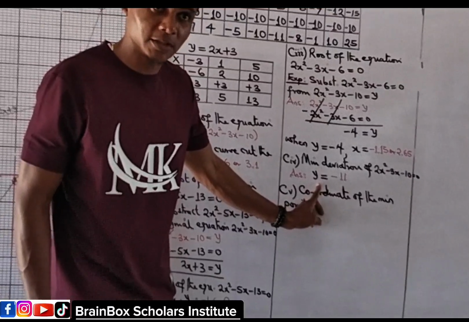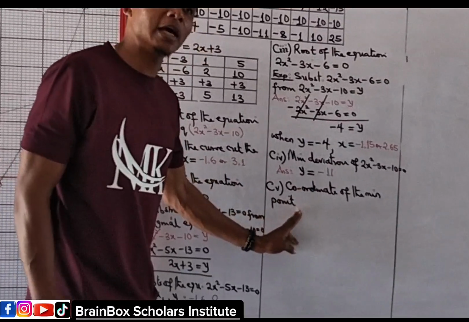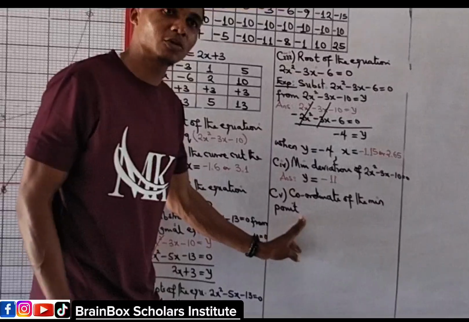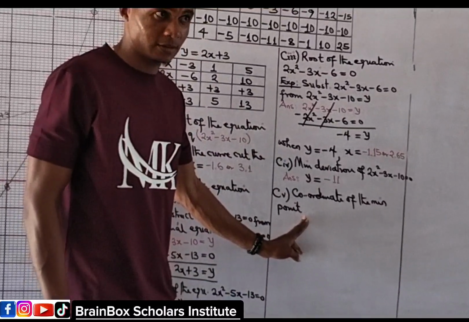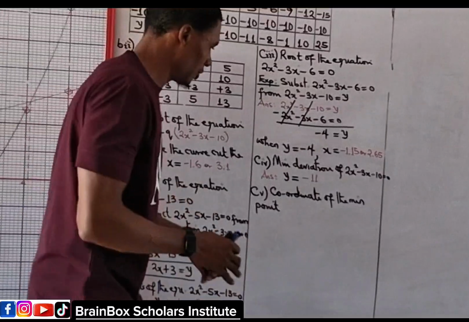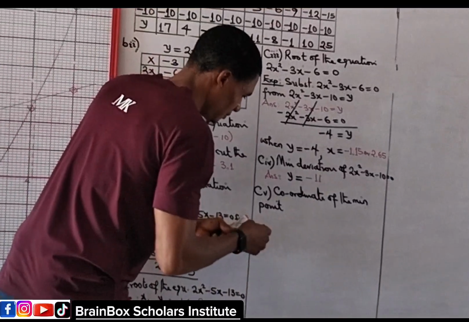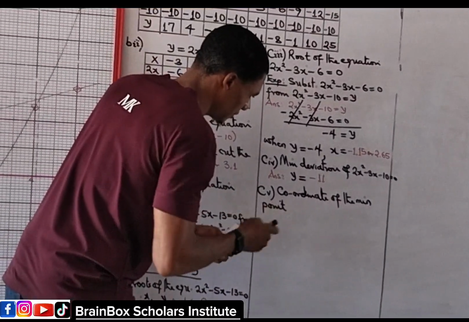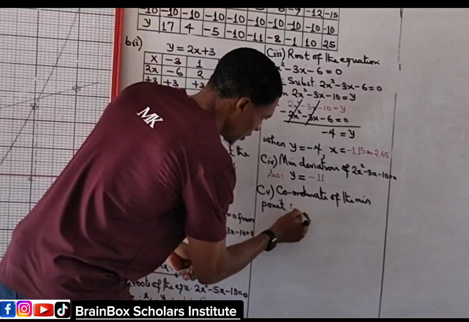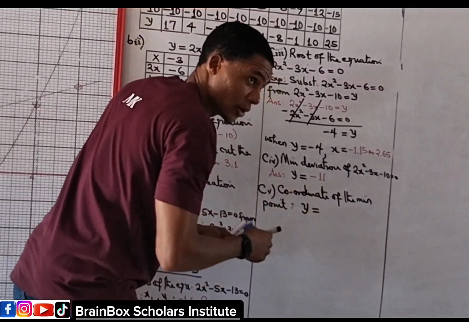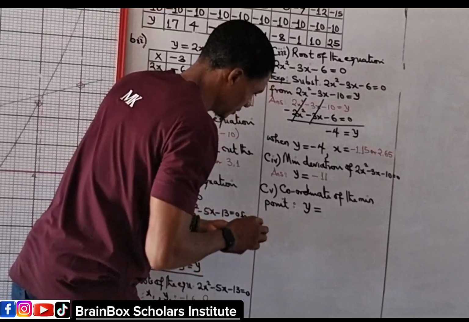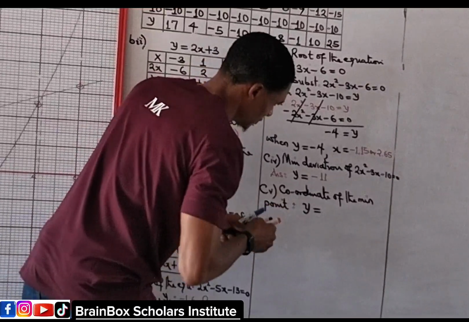Am I making sense? Here, they ask me to produce both the y and the x coordinates. Am I making sense? So, first of all, I have gotten y to be equal to what? Minus 11, right? So, minus 11.